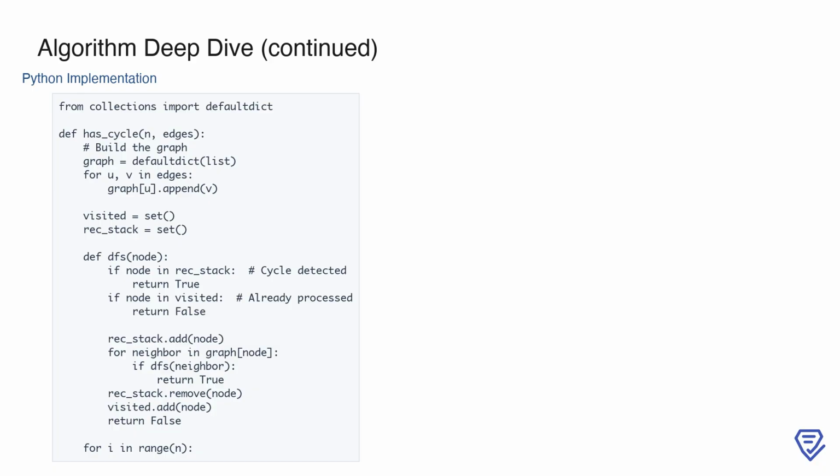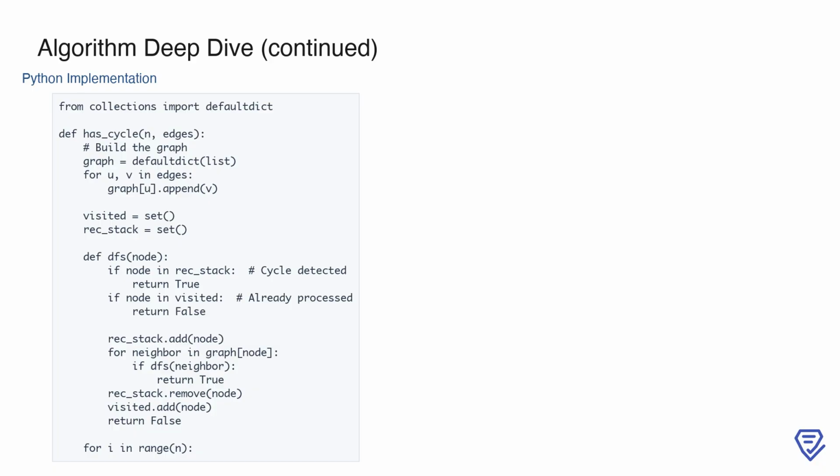If the node is found in rec_stack, a cycle is detected, and we return true. If the node is already visited, it's skipped as it has been fully processed. Otherwise, the node is added to rec_stack, and its neighbors are explored recursively. If any neighbor triggers a cycle detection, the function returns true.